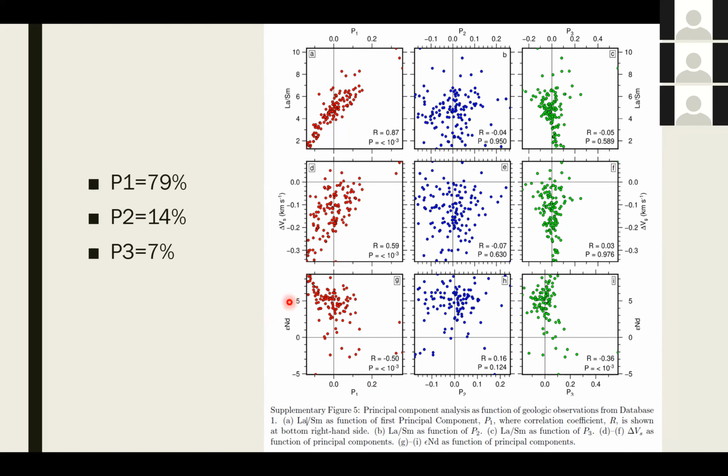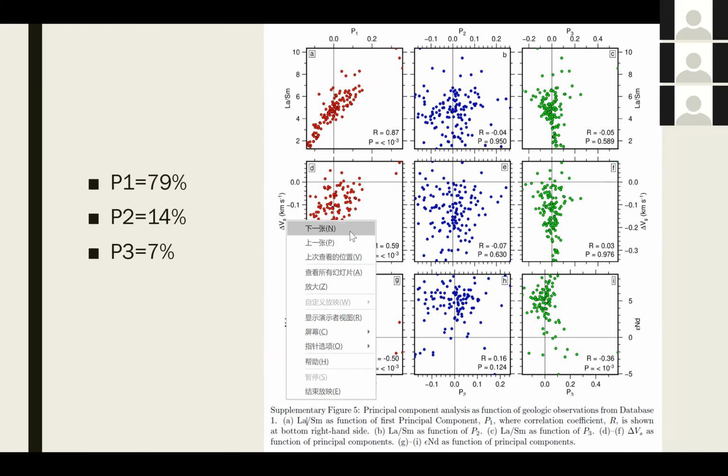This value, epsilon Nd, is a commonly used proxy for mantle depletion, because depleted mantle has a higher value of epsilon Nd than fertile mantle. So they conclude that PC1 is sensitive to melt fraction variation.